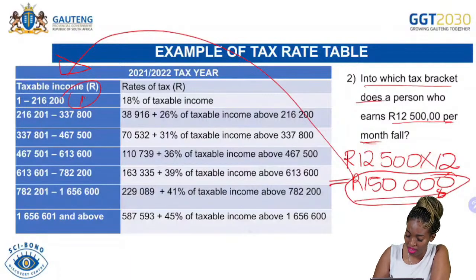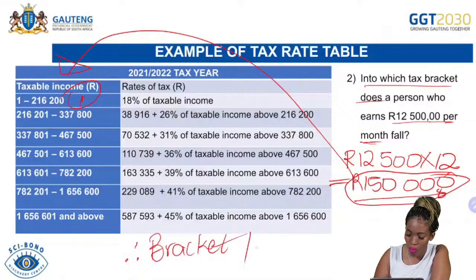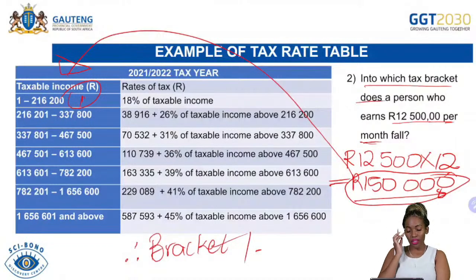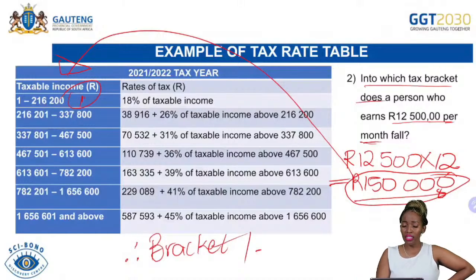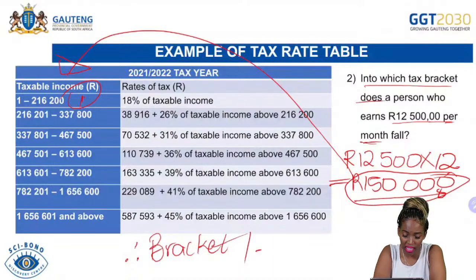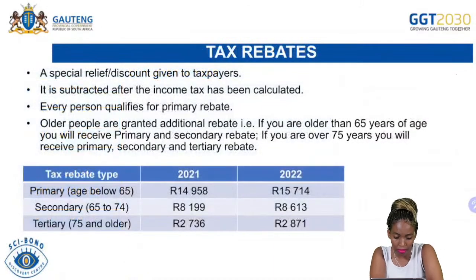So the answer is that it will fall under bracket number 1. Remember, you cannot just answer bracket 1 or bracket 2; you must still convert it to annual first before you can even begin to go to the tax rate tables.